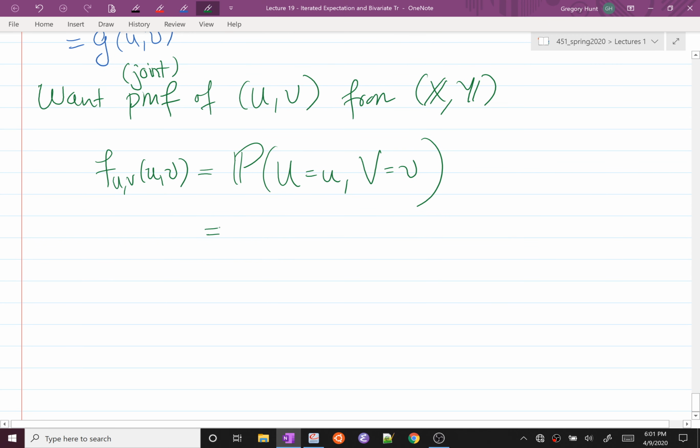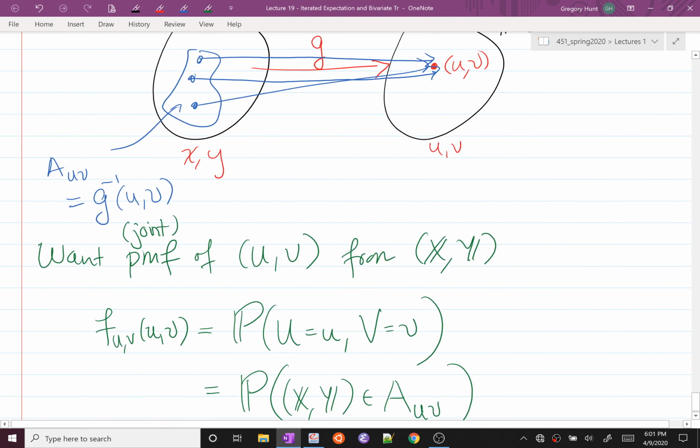And this is equivalent to saying that x and y are in the inverse image of little u and little v under G. So same thing as being in the set A, right?